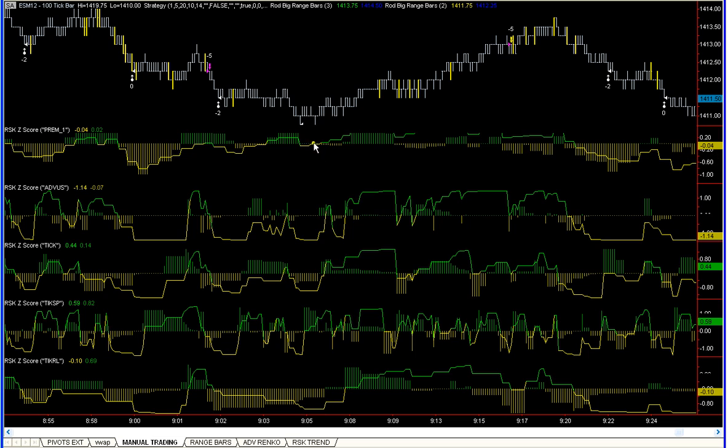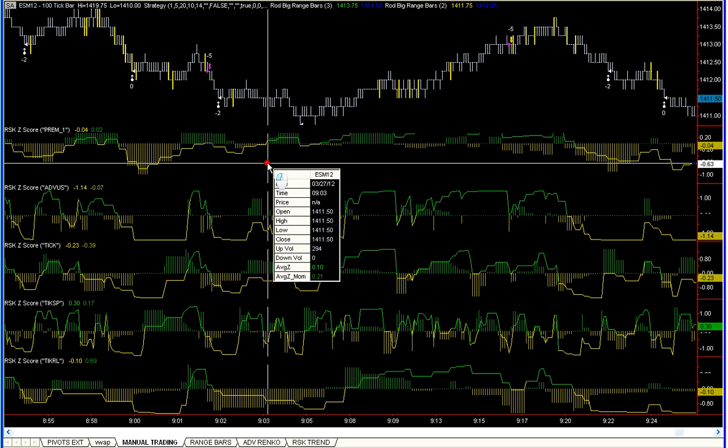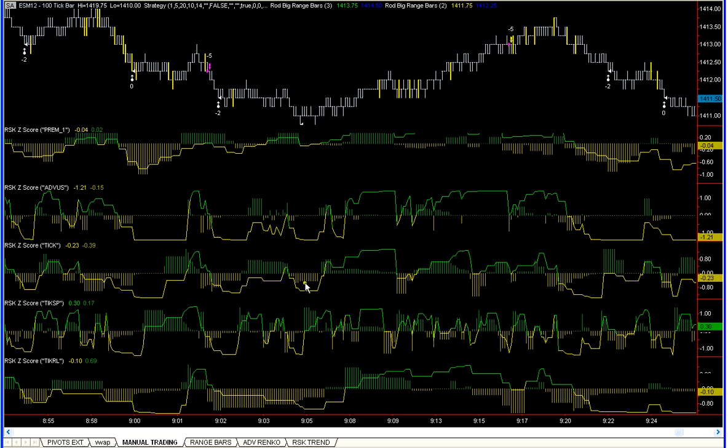Z-score is beginning to move more consistently above the zero line. It happened here. It's true, right? But we didn't really get a change in the slope of the Z-score on the Russell. Okay, look at the Russell here. Russell is now moving up.